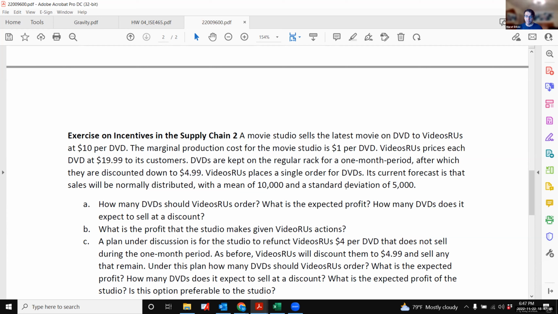So that is another newsboy setting, and $4.99 is the salvage value. All right, so we can do this. Let me switch to my iPad and map some of this key information there, and then take it from there.